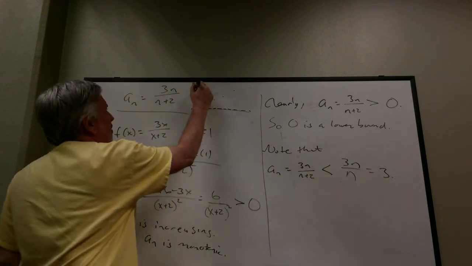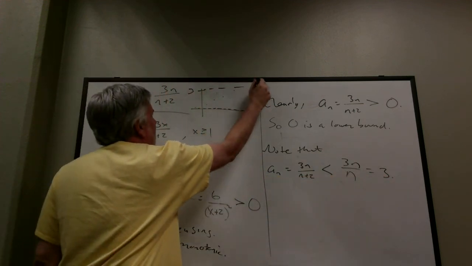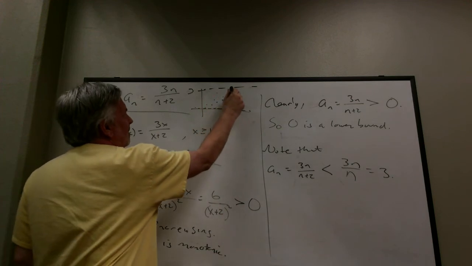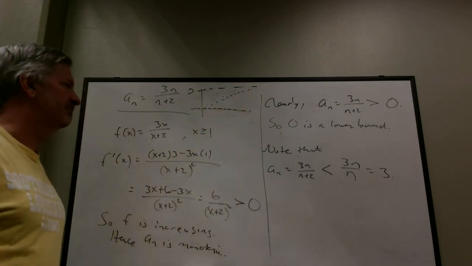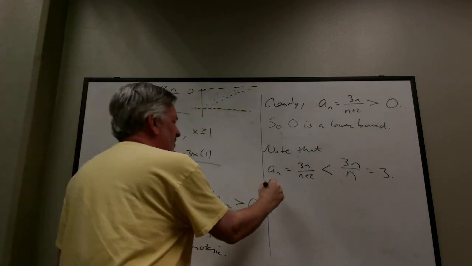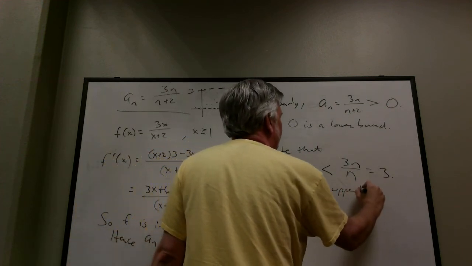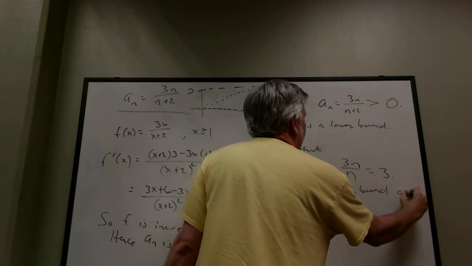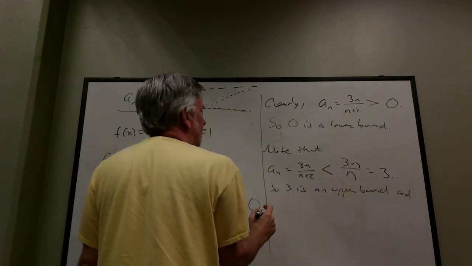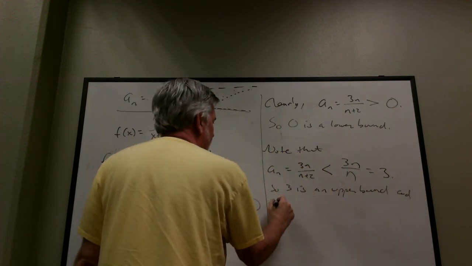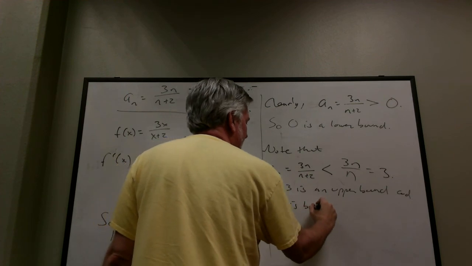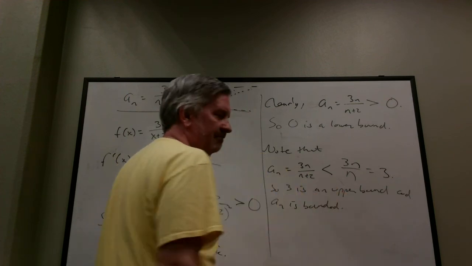So 3 is an upper bound. They are getting bigger, but they're not going to get bigger than 3. And the sequence a sub n is bounded because I got an upper bound and a lower bound.